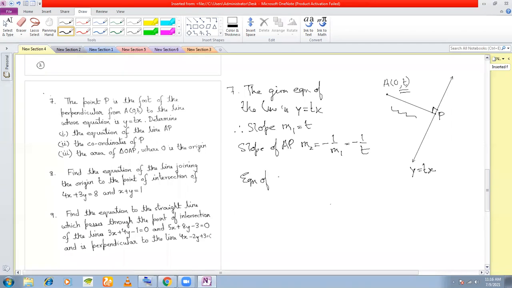By point slope form, y minus y1 is equal to m2 into x minus x1. That means y minus y1, that is t, m2 we have found above as minus 1 by t, times x minus 0. We simplify this equation to get x plus ty minus t square.